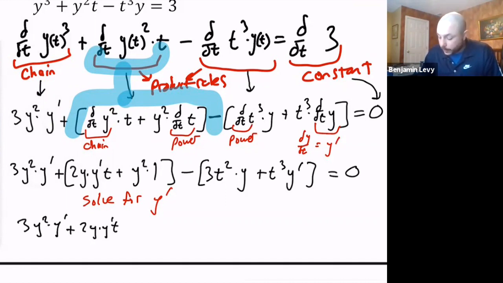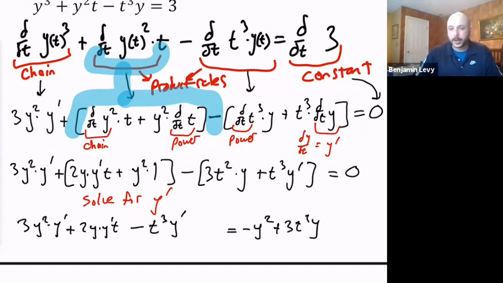I'm going to move the y squared to the other side. And I'm going to move the 3t squared y as well, because it also doesn't have a y prime. And then this one is going to stay. And so I'm keeping all the y primes together, because now I can factor out a y prime.